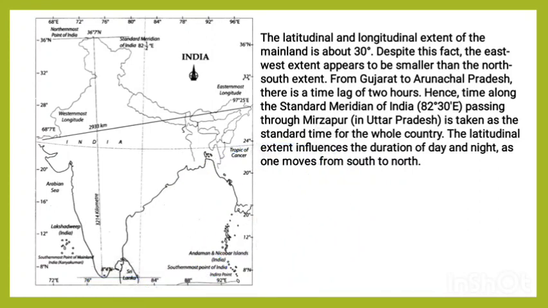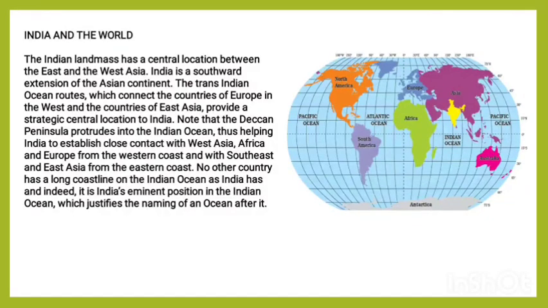Okay, now we will discuss the position of India, the location of India in the world. India's landmass has a central location between East and West Asia, and India is the southernmost extension of Asian countries. Okay, it can easily connect with West European countries and Western coastal countries, as well as East Asian countries.